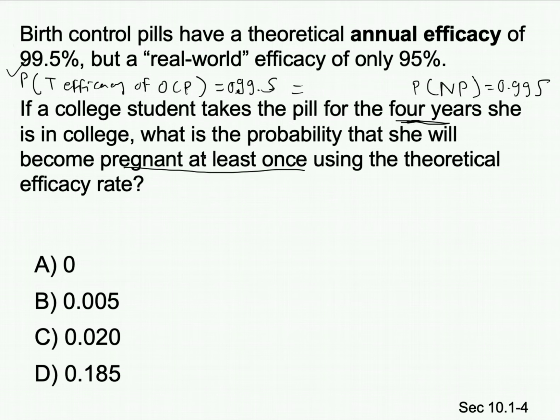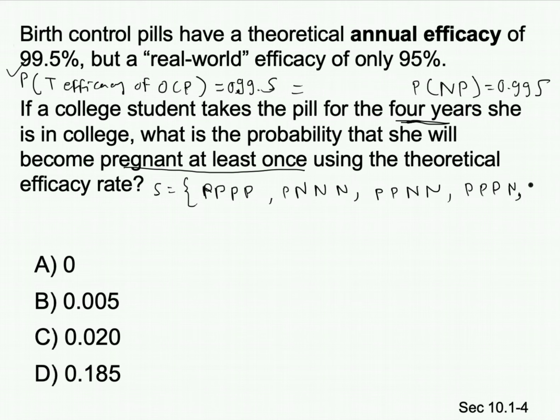So if we are considering 4 years, at least among these four she becomes pregnant at least once. Think about the sample space for 4 years. Maybe in all 4 years she will become pregnant. That's one possibility. Or she will become pregnant only in the first year, not pregnant in the second year, not in the third, not in the fourth, and you can think of other possible events.